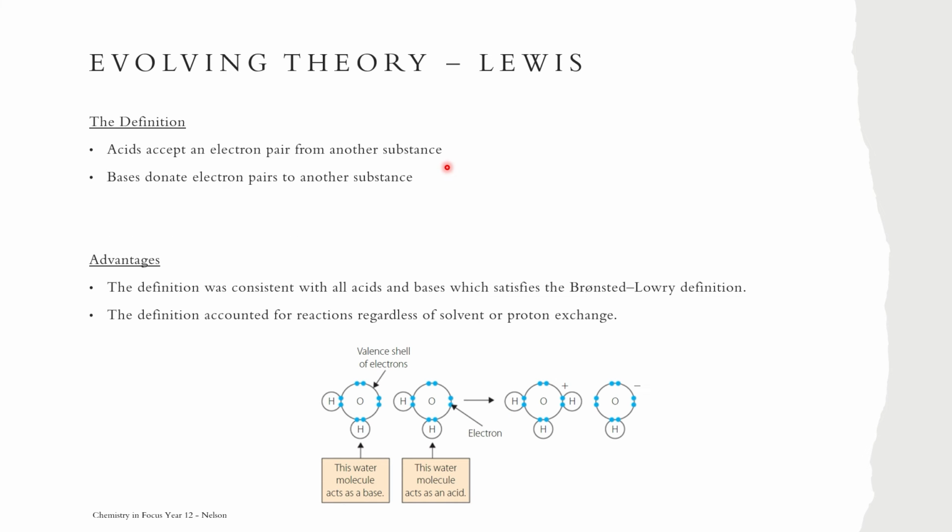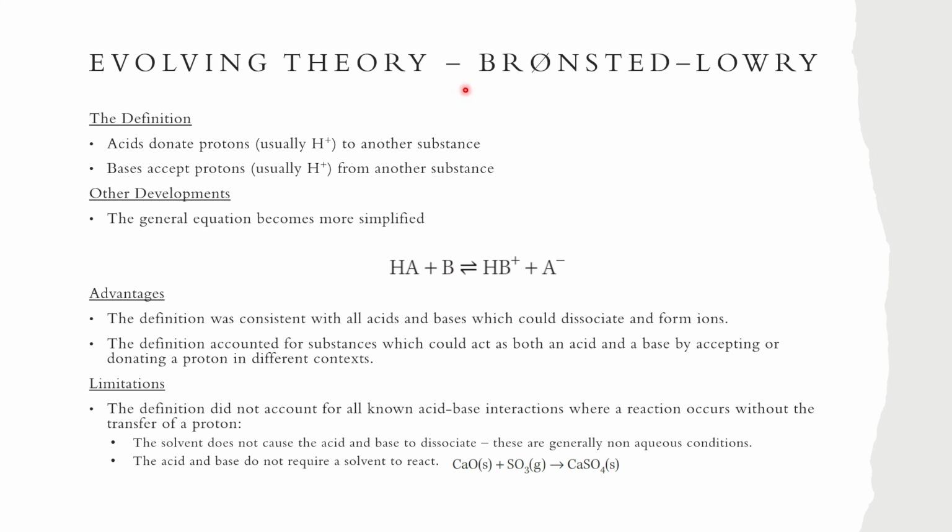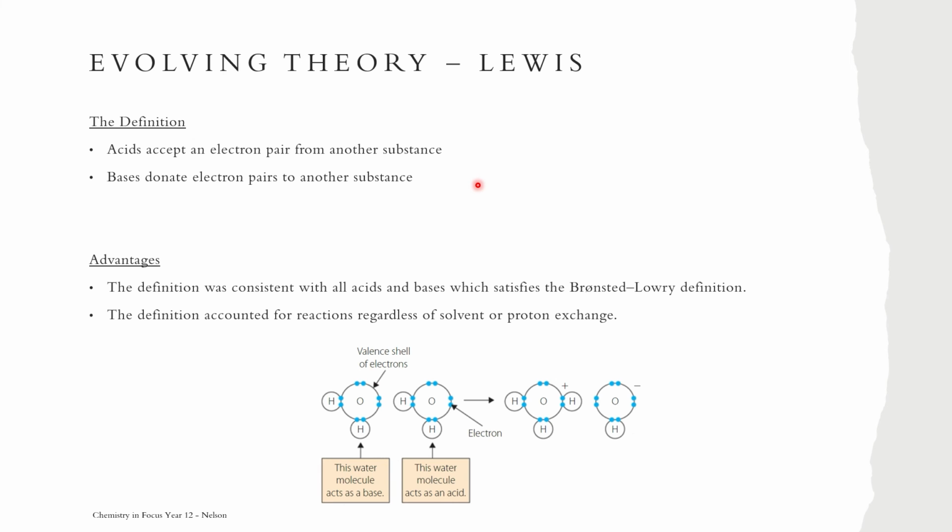We then start to move into this Lewis definition, a much more modern definition that includes all known acid-base interactions. So here we start looking at electron exchange. This definition still works with these interactions that are covered by Bronsted-Lowry theory, but then covers a broader set of acid-base interactions that aren't in aqueous conditions.